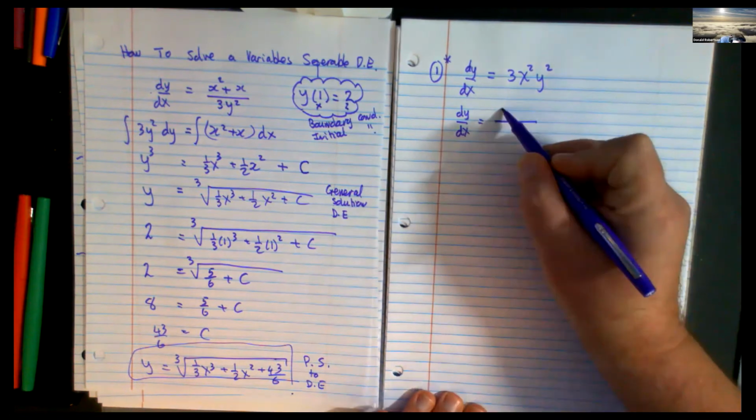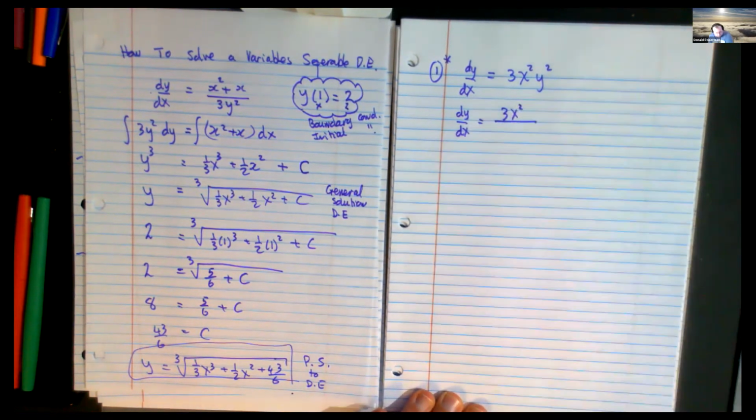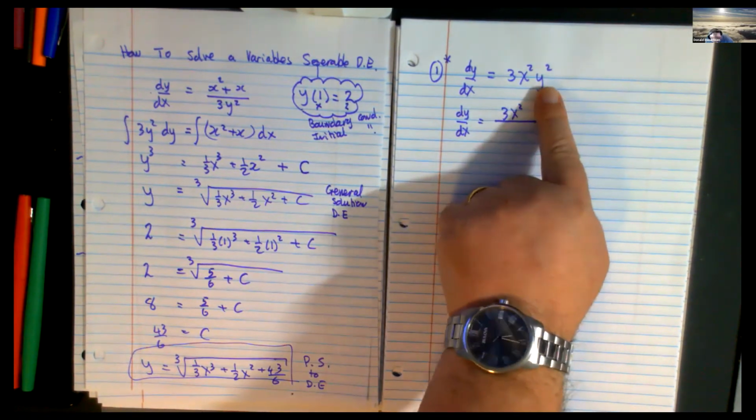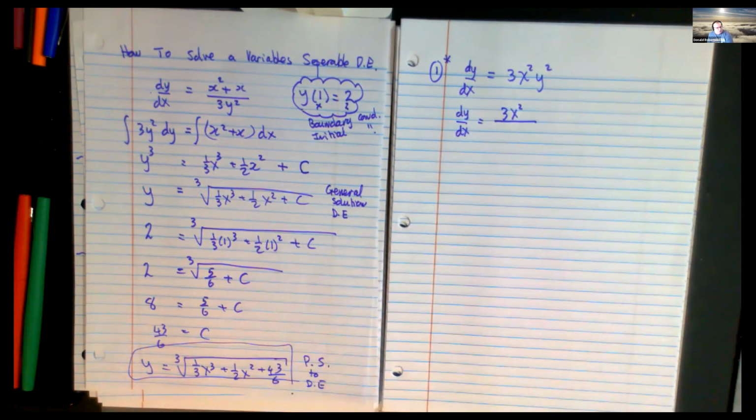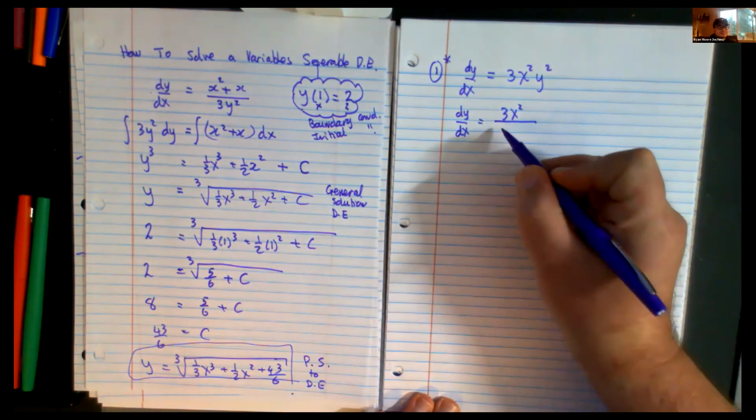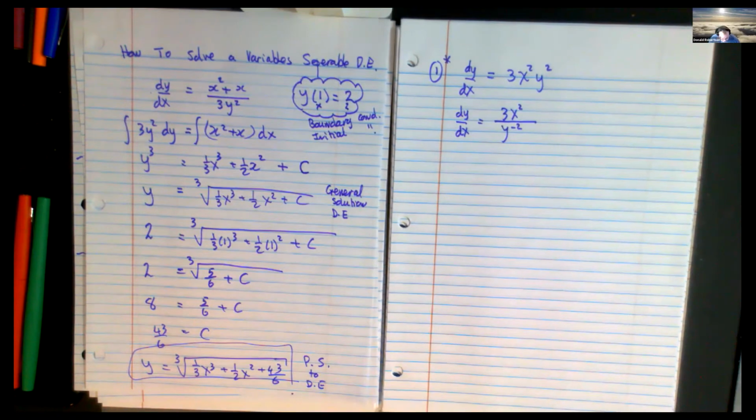I like the 3x squared. What can I do with this y squared? What will I call it if I bring it downstairs? Y to the -2. Yeah. Have you ever seen that trick where a positive power on the top can be written as the negative power on the bottom?